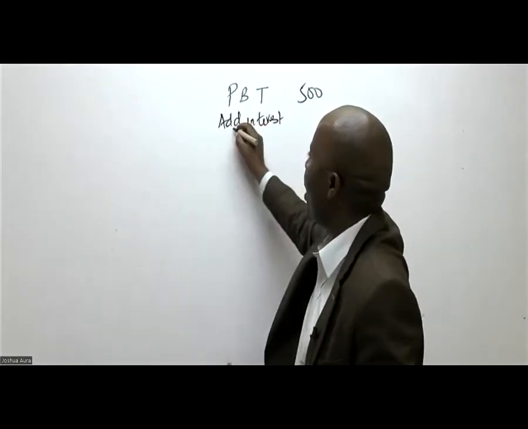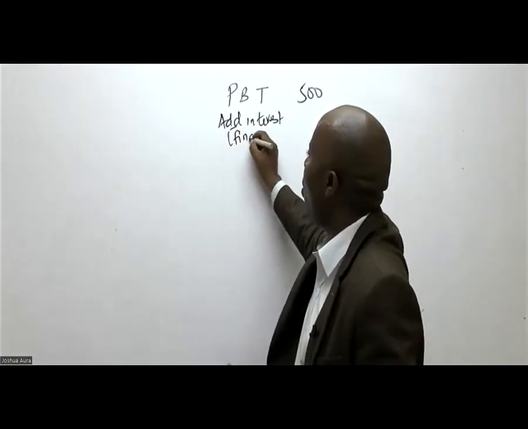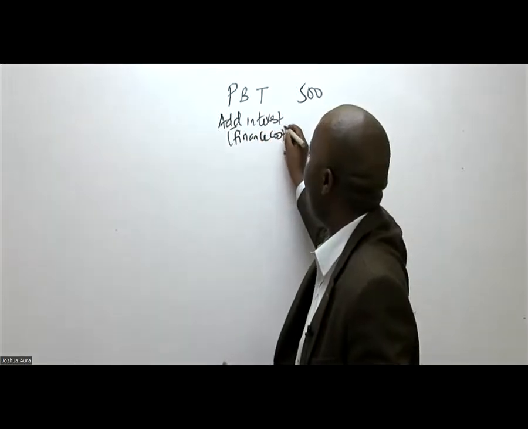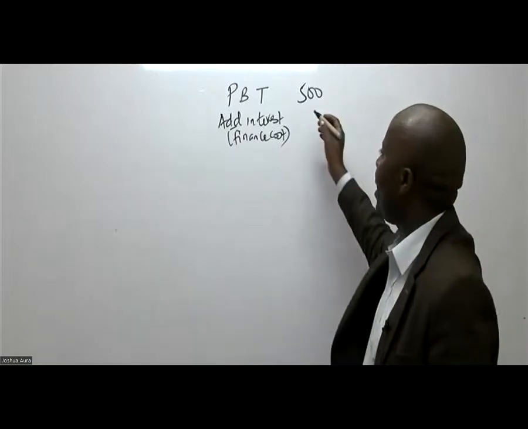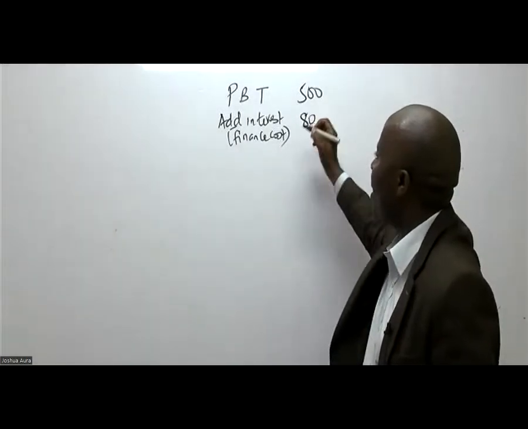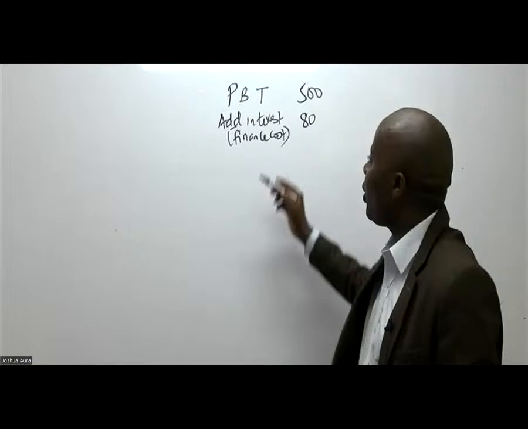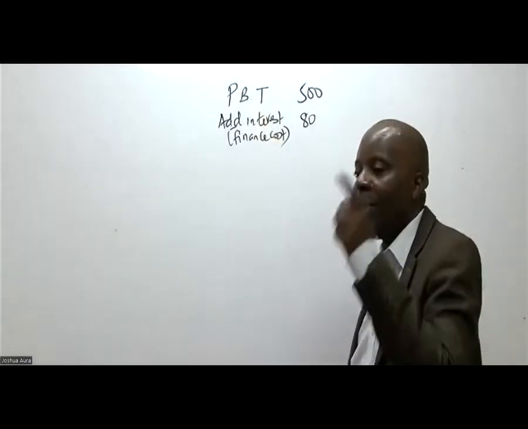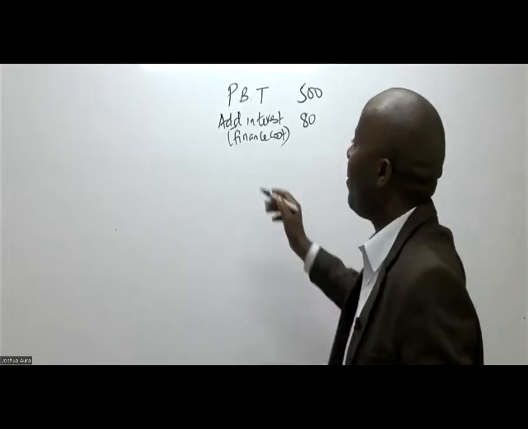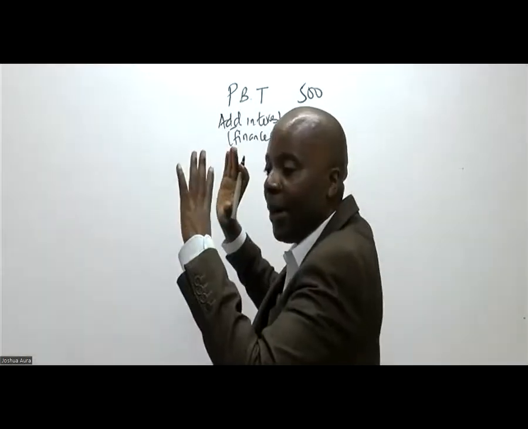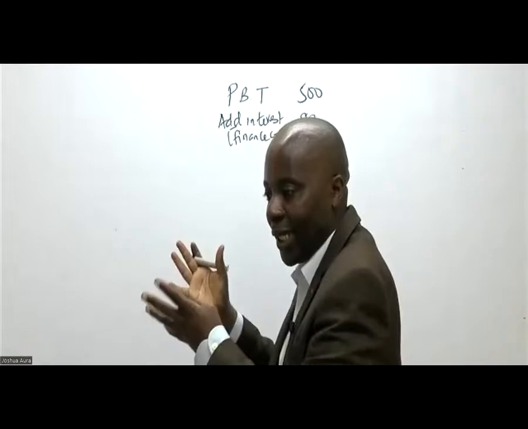Remember, interest is what they are calling finance cost. So the interest that we have there is how much? It's 80. And then to arrive at this figure, these people have done a mistake. They had put in some investment income which was positive. So I need to cancel it out of this.